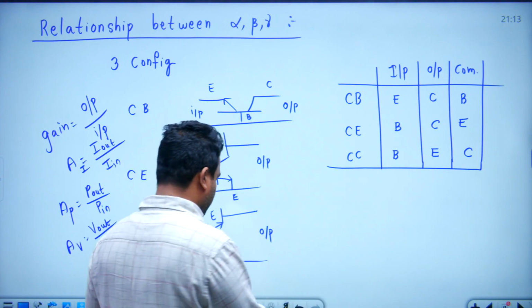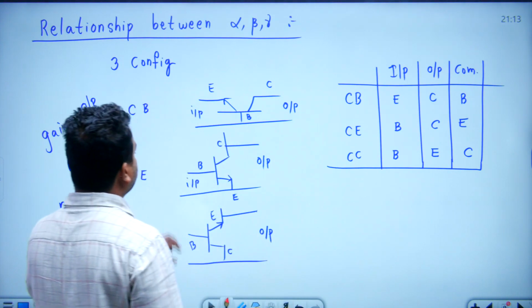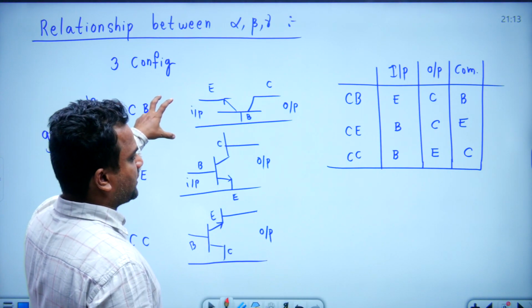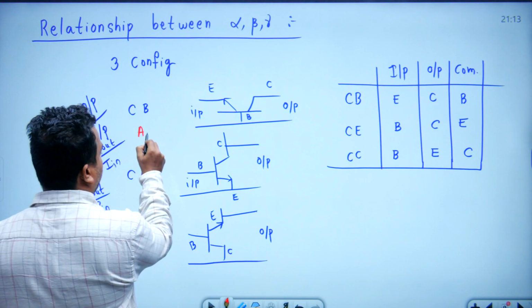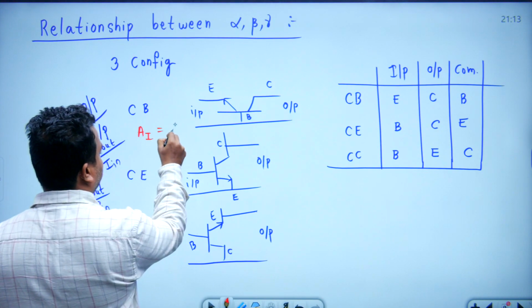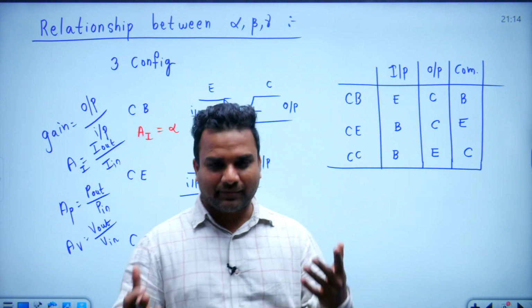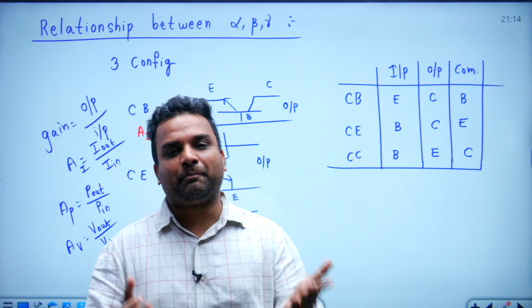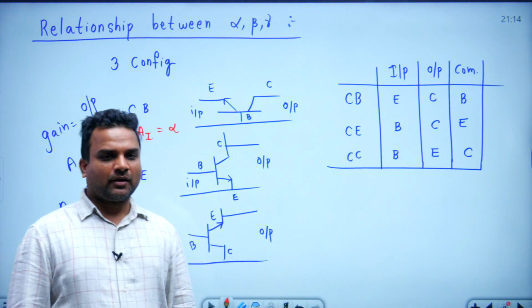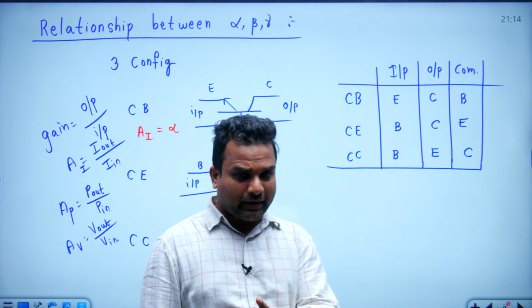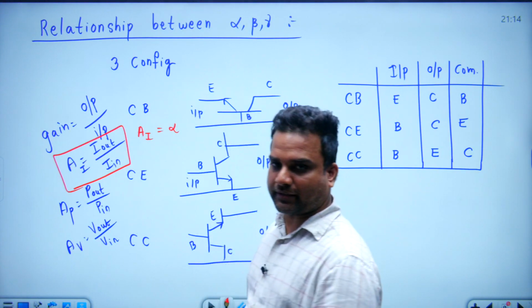Now guys, here you can see in a common base configuration, the current gain is denoted by the letter alpha. That's it. Problem is solved. Simple guys. Alpha is simply the current gain of common base configuration only. Now guys, the basic formula is I out by I in for the current gain, isn't it?